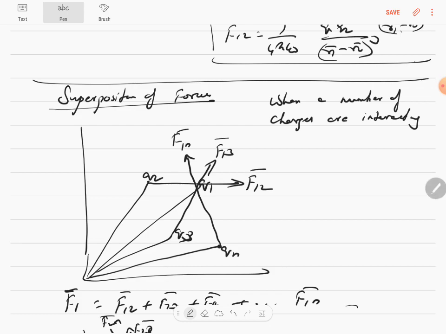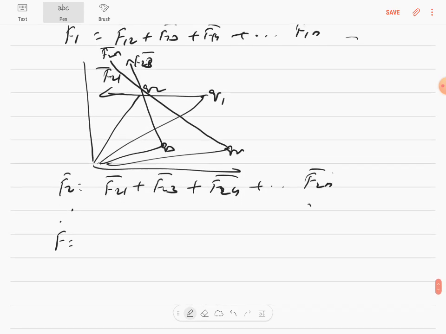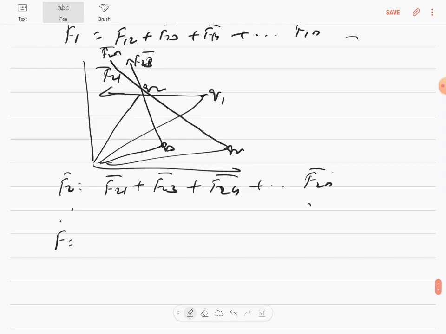Okay, so that's the definition. When a number of charges are interacting with each other, the total force on one charge will be the vector sum of all forces due to other charges on this charge. I hope you understood. So this is known as the principle of superposition.